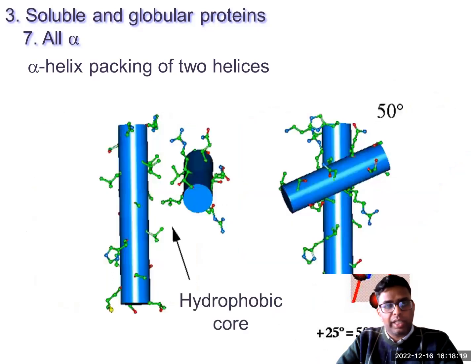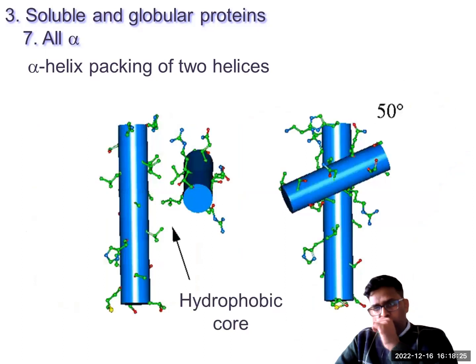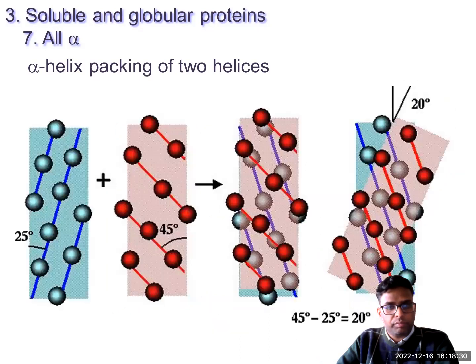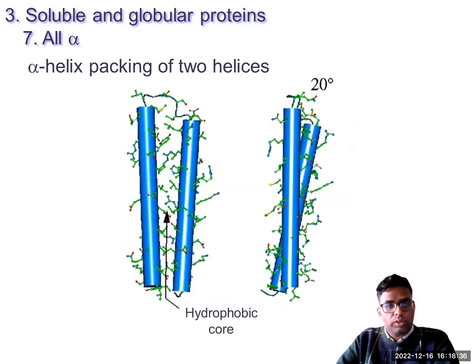In the next slide I will describe it here. In this case, it may be possible to create a hydrophobic core. They have a 50-degree orientation, and if they are opposite to each other, they have a 20-degree orientation.